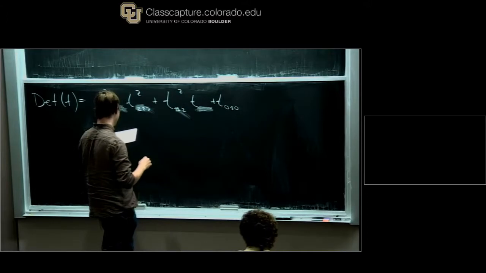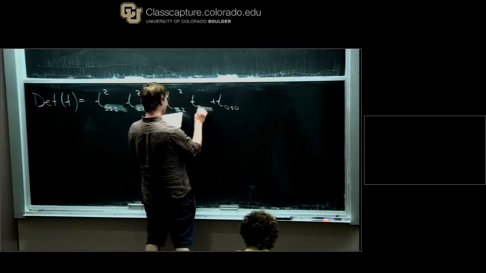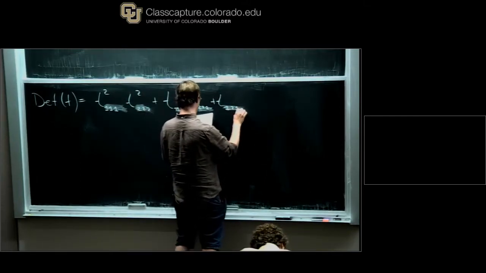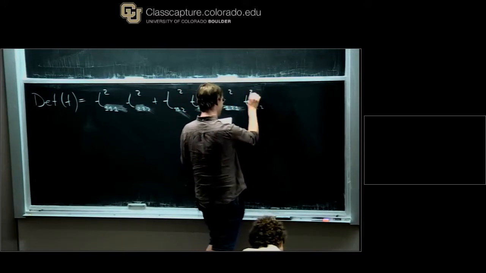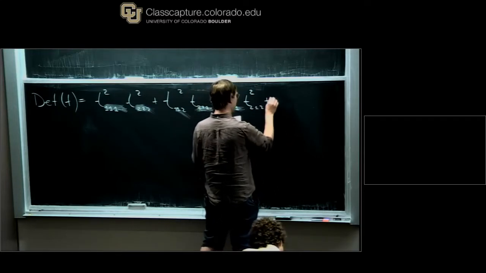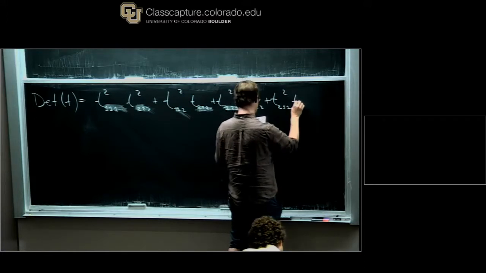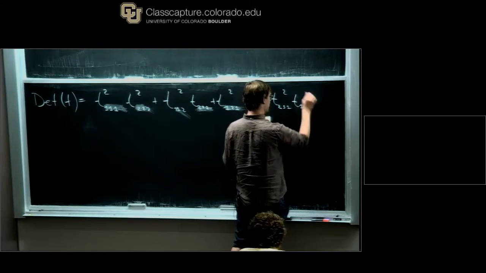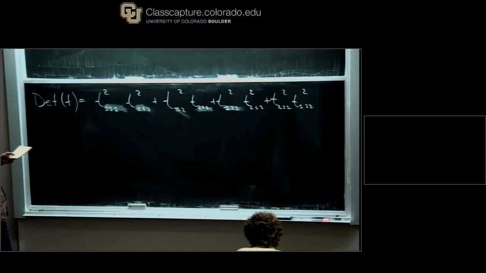T 1,1,1, T 1,1,2, T 2,2,2, T 1,1,2. You'll see a symmetry. T 1,2,1, and all squared. T 2,1,2. It's homogeneous of degree 4. Plus T 2,1,1 squared, T 1,2,2 squared. Does it look nice? Yeah, it looks nice.